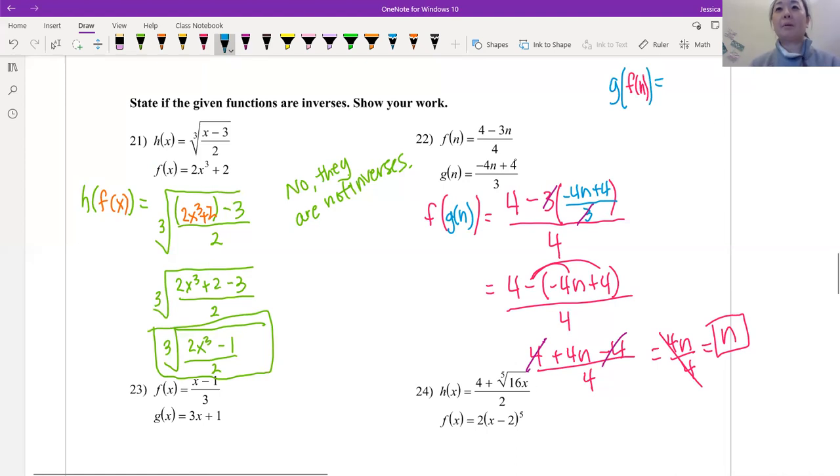All right. And so I'm going to put in my framework of negative 4, parentheses, plus 4, divide that by 3. And I'm going to put the f of n inside where the n was for the g, which is going to be 4 minus 3n over 4.